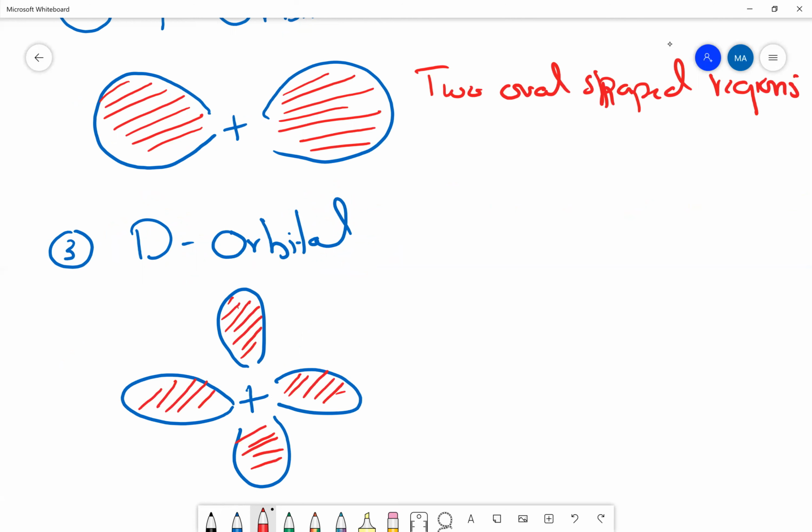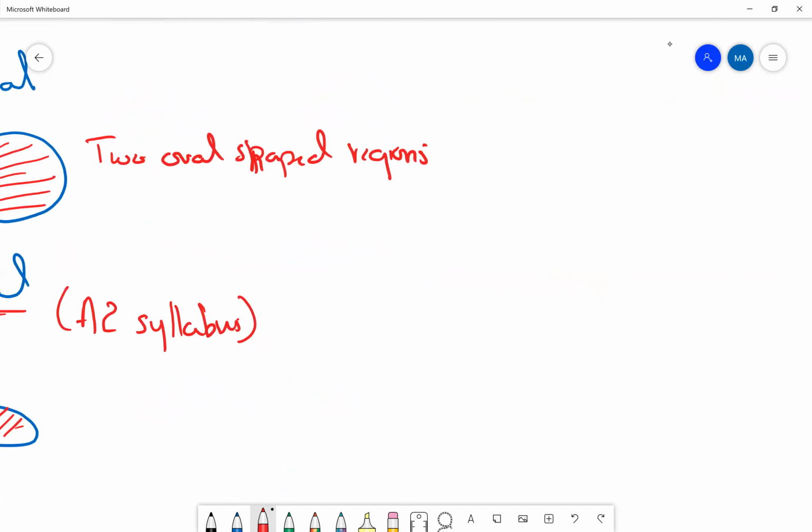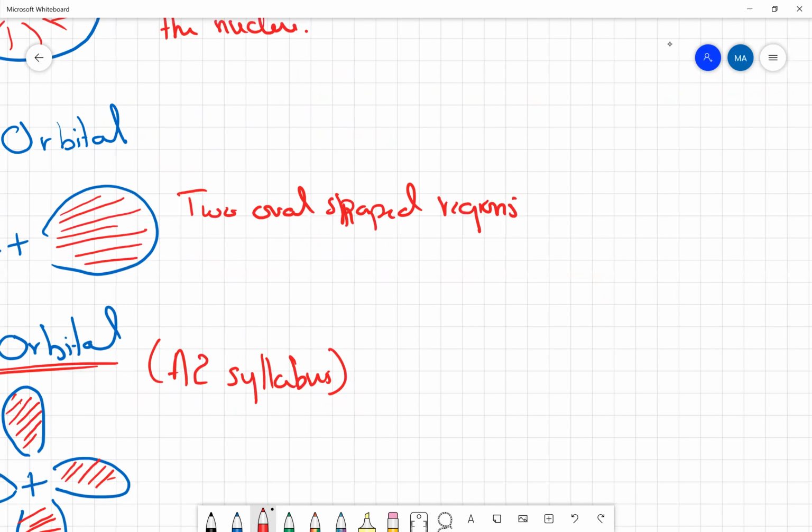This d orbital is not in your syllabus, it's in the A2 syllabus, so you don't have to worry about this right now. You should just know the name. You should just know that there are a total of 3 types of orbitals, s, p, and d. And all of these orbitals are the regions where you can find an electron. Are you clear with this? Should we move on?